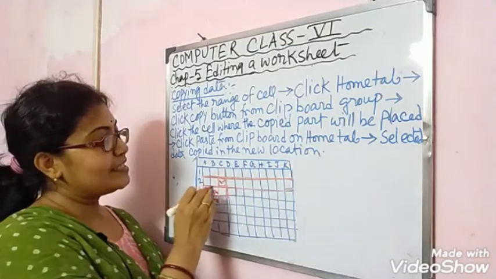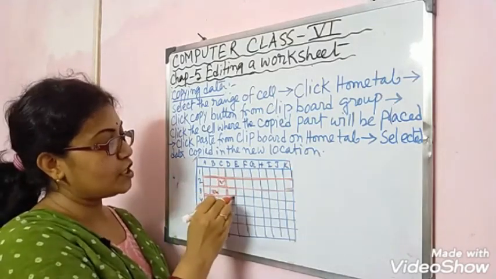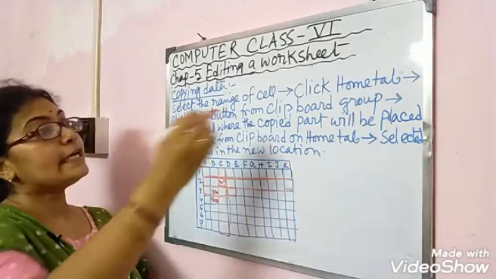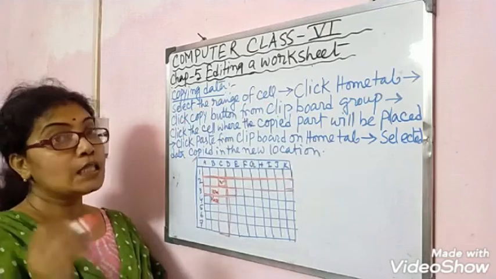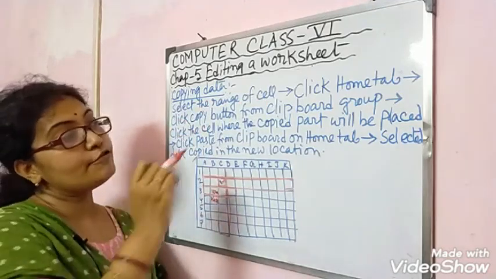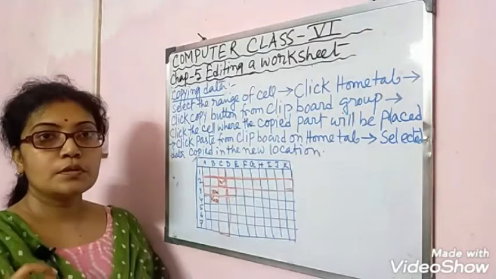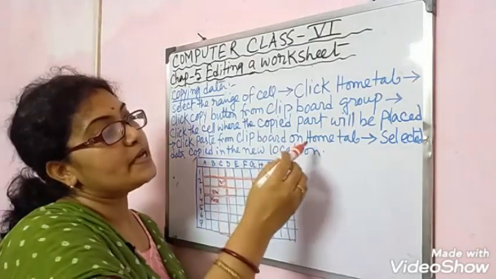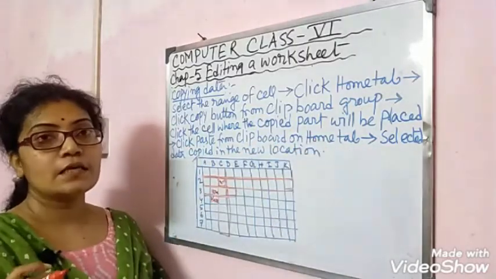First of all, we select the portion which we want to copy. Then click on the Home tab. Then click the Copy button from the Clipboard group. Then click the cell where the copied part will be placed.